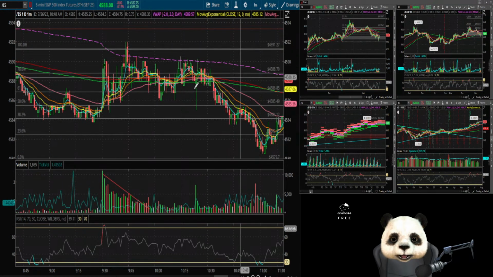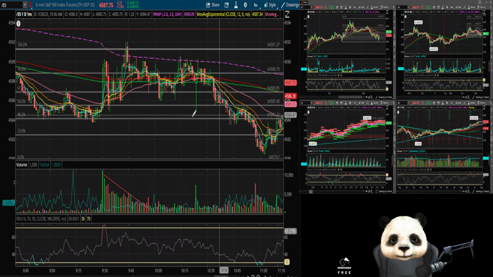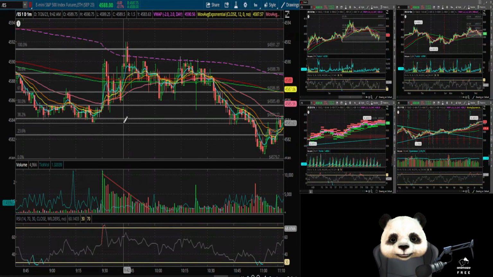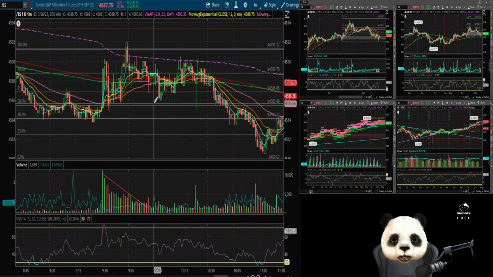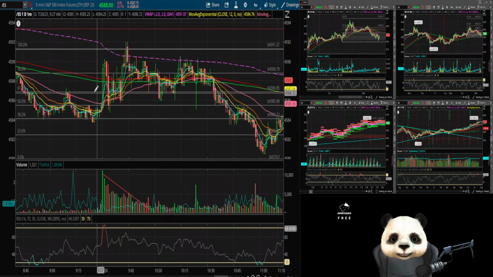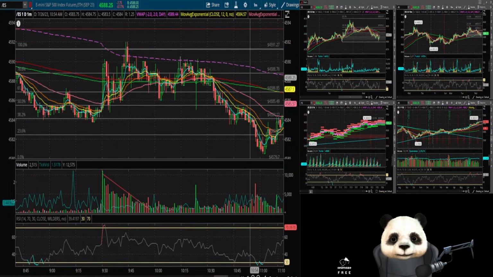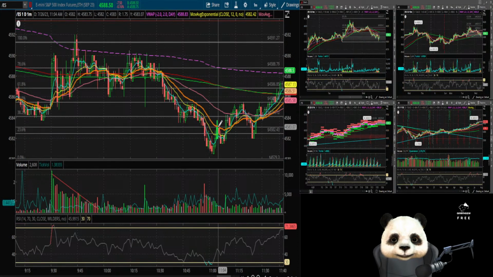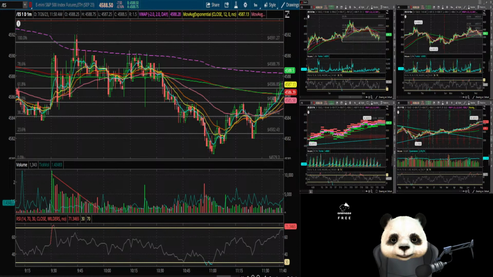I could have gotten in here, but I didn't risk it. I just didn't want to end up chasing this thing in case it bounced at this low or bounced again at this channel low, which is kind of what I was looking at. So I watched it come all the way down, and then I saw some volume increase. Granted, I took a little loss on a trade, so that's when I switched to the Nasdaq.